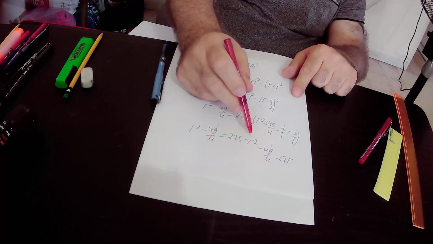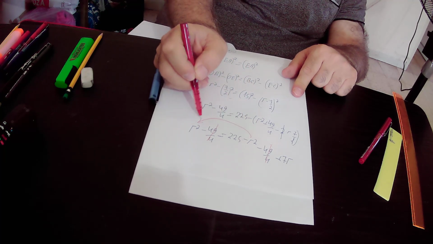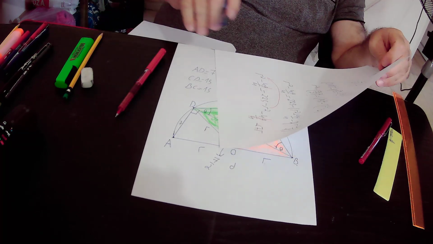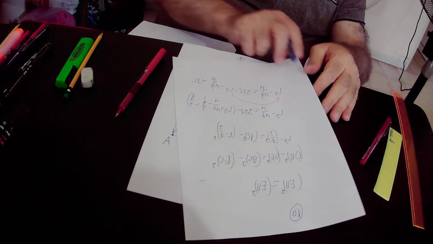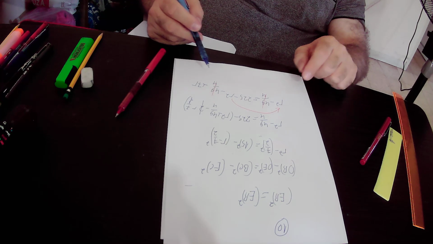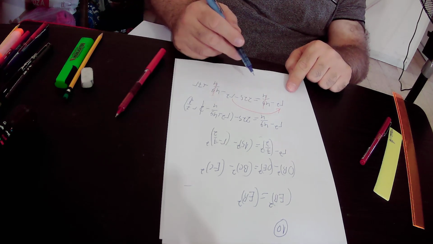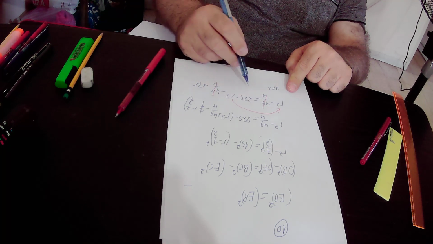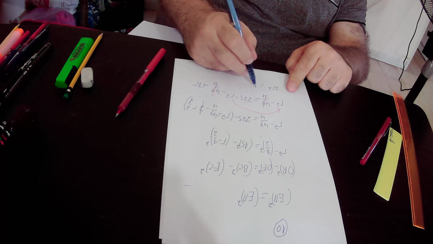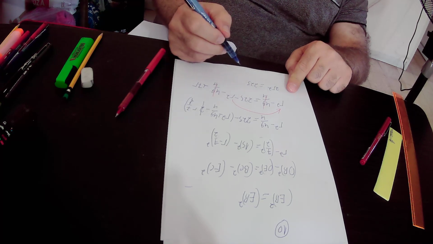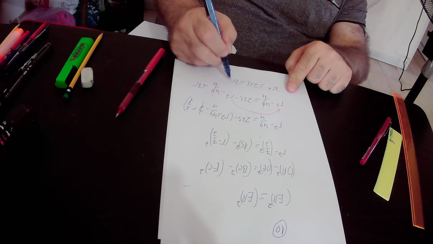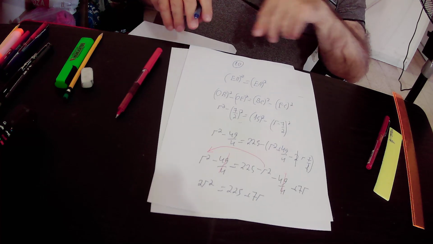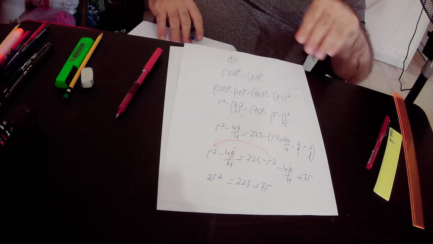Here we will move minus R square to this side, so we add R square to this equality, and R square plus R square is 2R square. So in total we got that 2R squared equals 225 plus 7R.